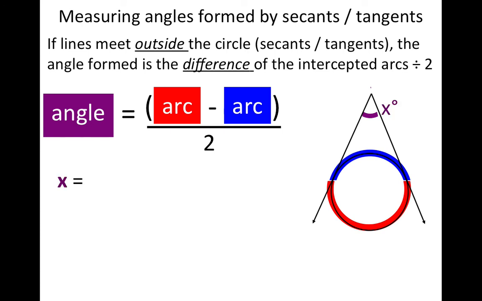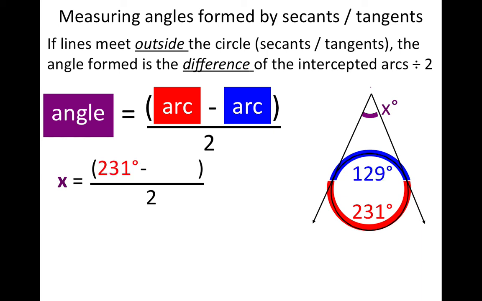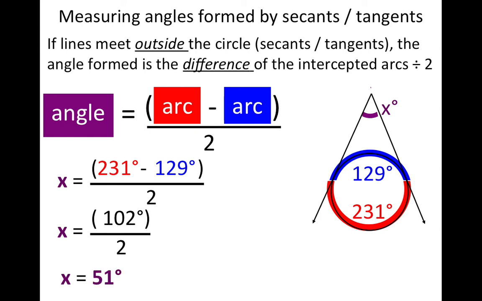So if I'm told that my red arc is 231 and my blue arc is 129, I simply subtract those two and divide by 2. So in this case that would be 102 divided by 2, or 51. So x equals 51 degrees.